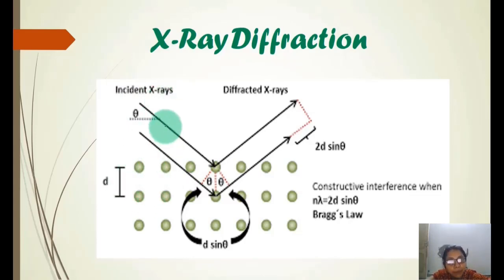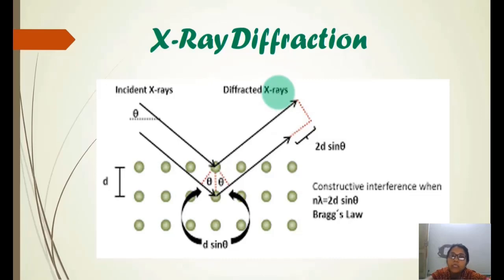That means if X-ray is falling over a crystal, it will be diffracted by the crystal. That means the light falling over the crystal will get diffracted, that means it will bend through the corner of this. This atomic site will act as the diffractor, or you can say it will act as the obstacle for the X-rays, and we will observe a diffraction pattern.